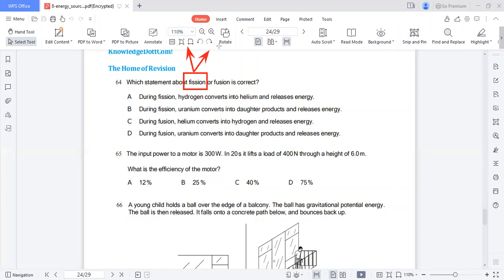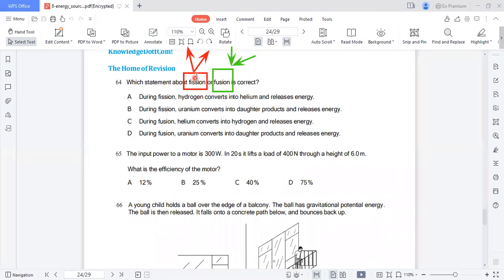And in a nuclear fusion reaction, two different nuclei combine to form a heavy nucleus. Suppose these arrows are nuclei; two different nuclei merge to form a single, heavier nucleus. This is called the fusion process.